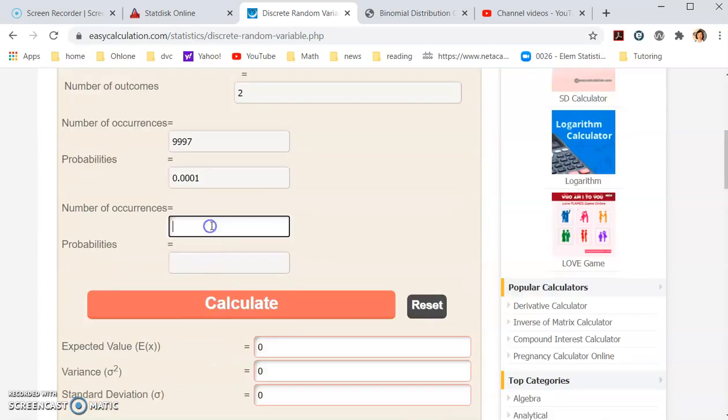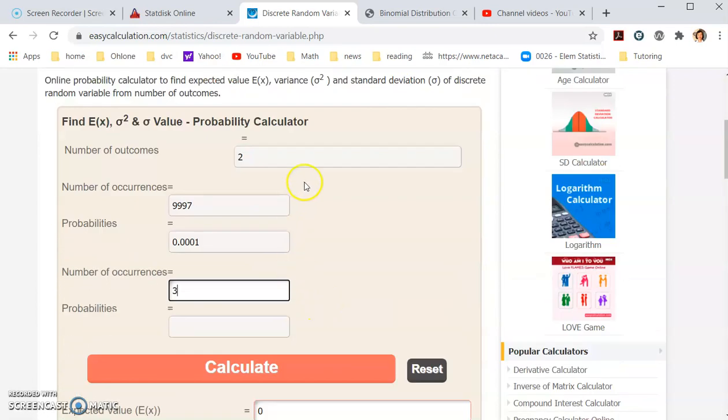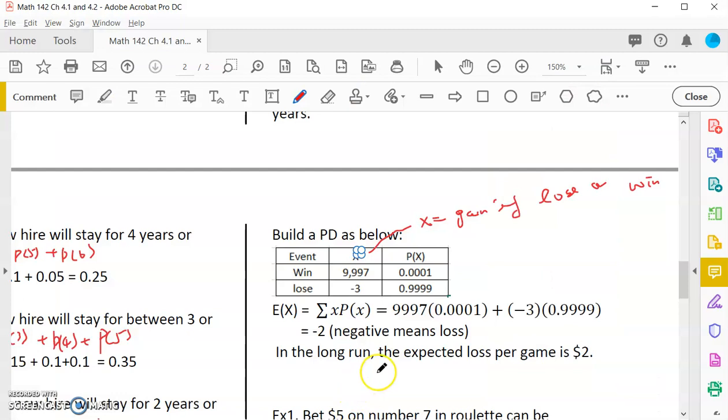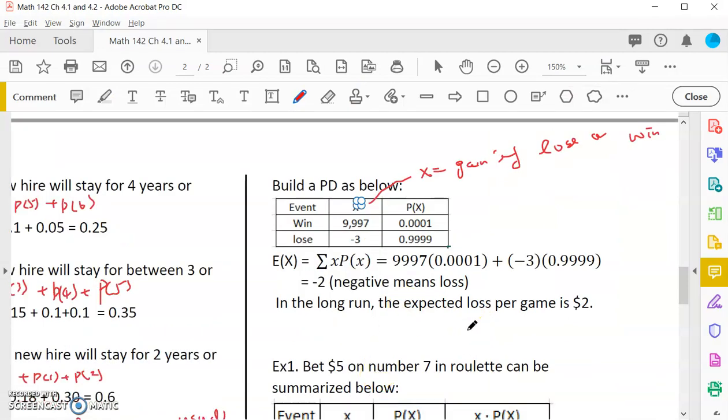Can we do negative? -3, oh yeah, you cannot do negative on this calculator. Excel can do it, but it's a little difficult to teach that. So you only do it by hand.